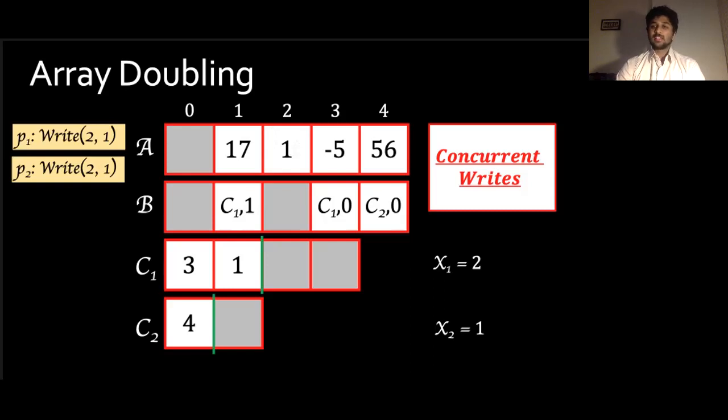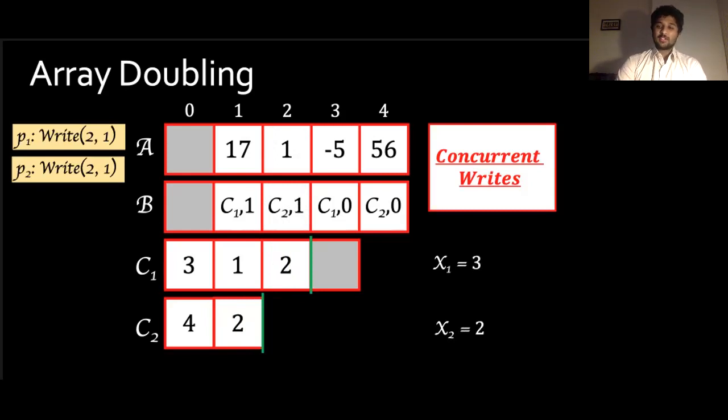That is, they each write a certificate in their certificate arrays and increment their counters. And finally, P1 writes a pointer to its certificate in B2 to finish its certification, and P2 overwrites the location with a pointer to its certificate.